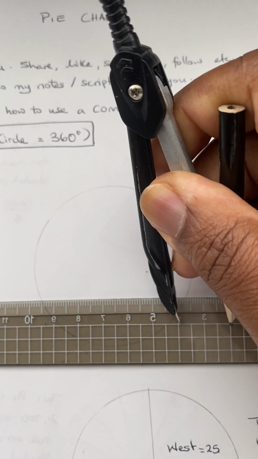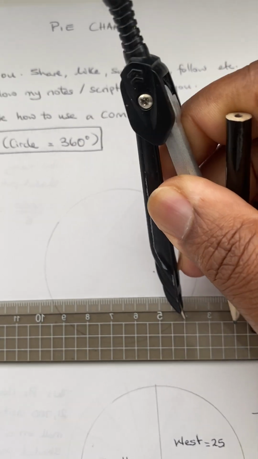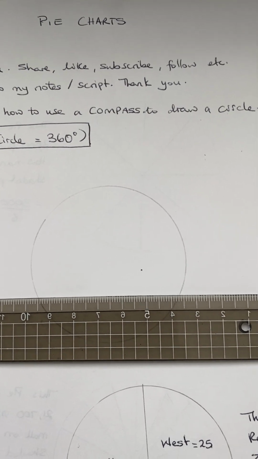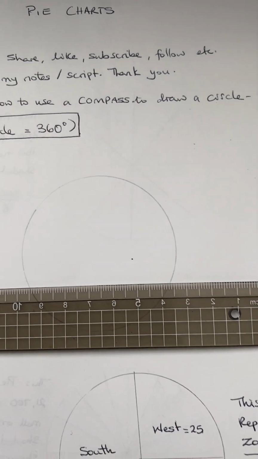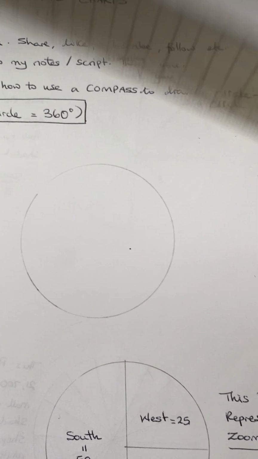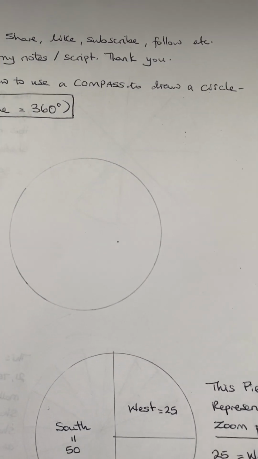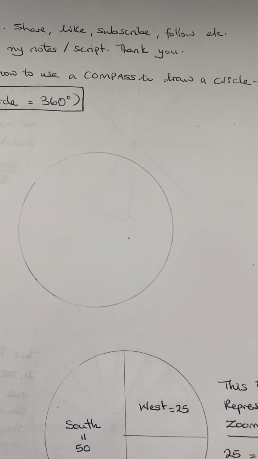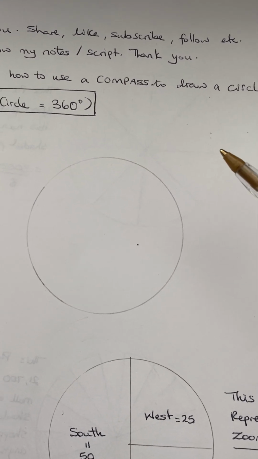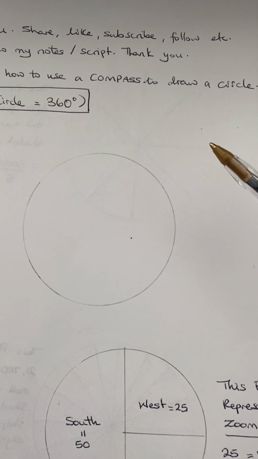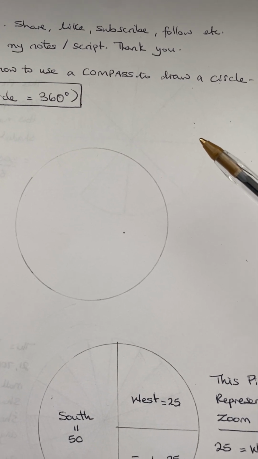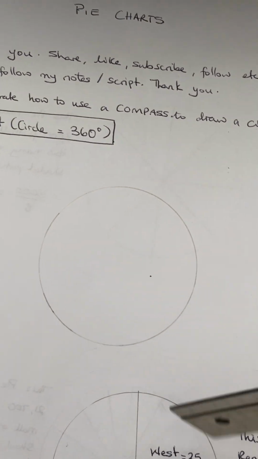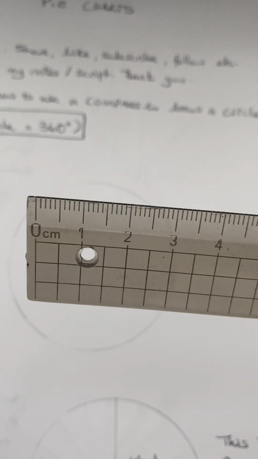So if you draw a 2 centimeters radius, you will get a diameter of 4. If you draw a 3 centimeters radius, that will be a diameter of 6. On this ruler it says centimeters.